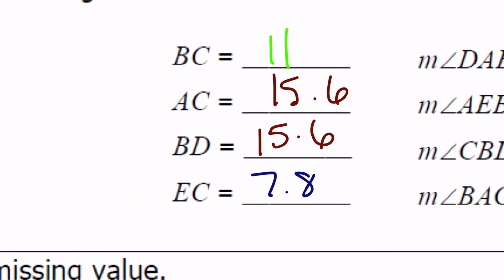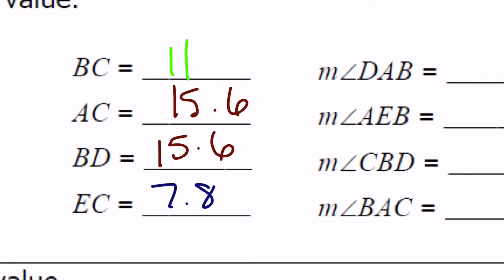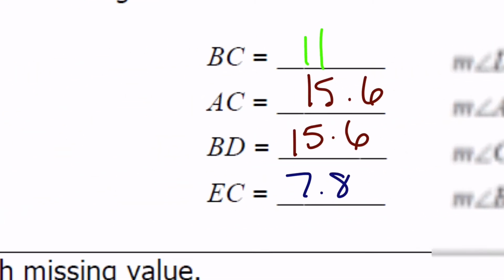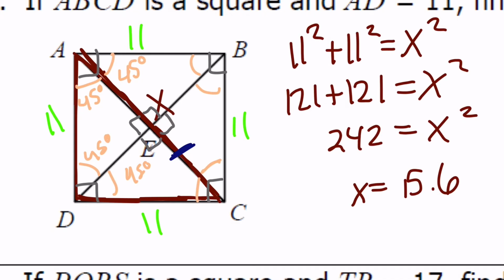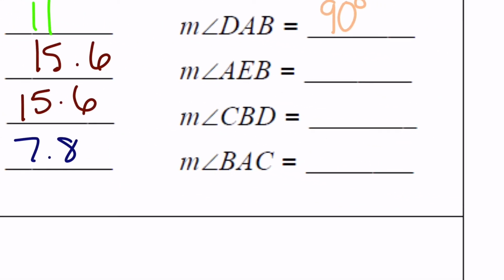So that's pretty much all the angles on the square. So the measure of angle DAB, that one's 90. The measure of angle AEB, that's this one right here. That one is also 90, because the diagonals are perpendicular.